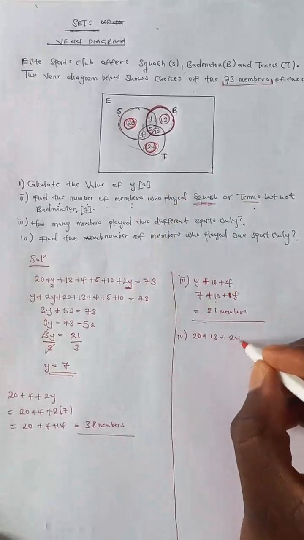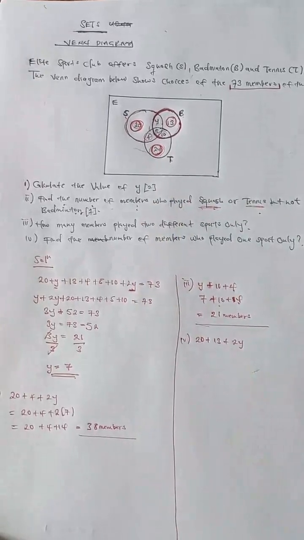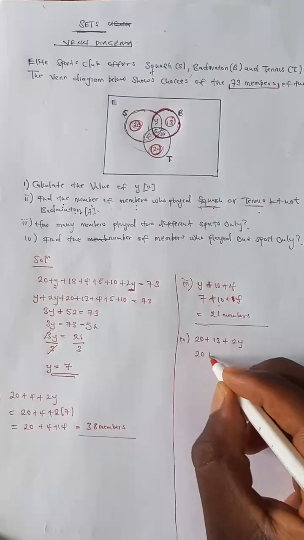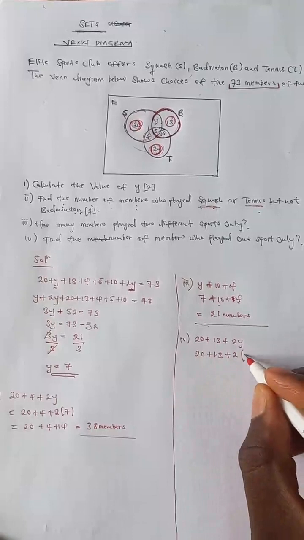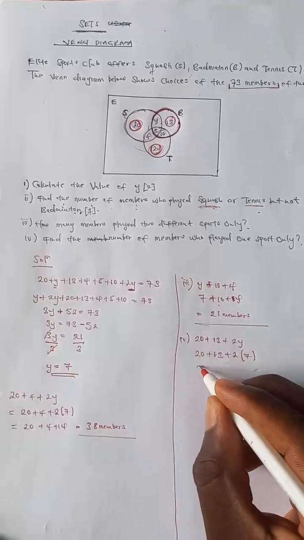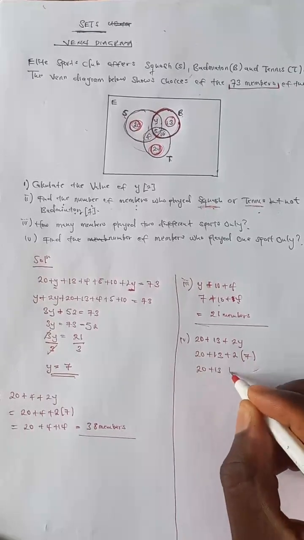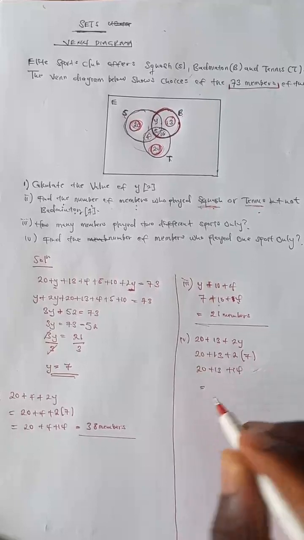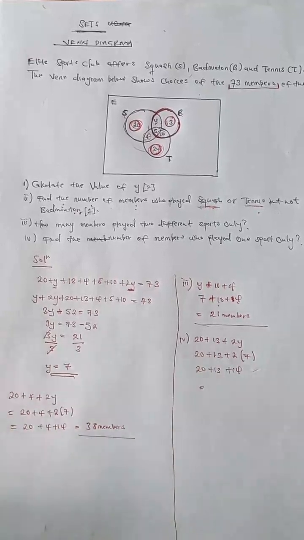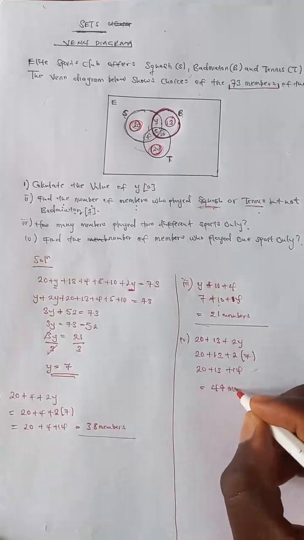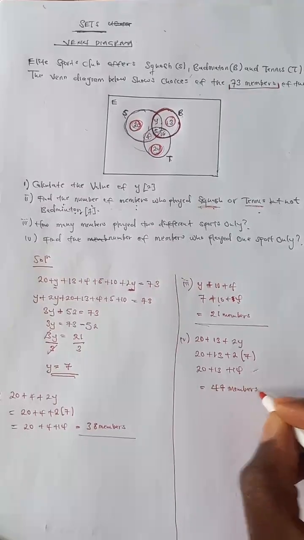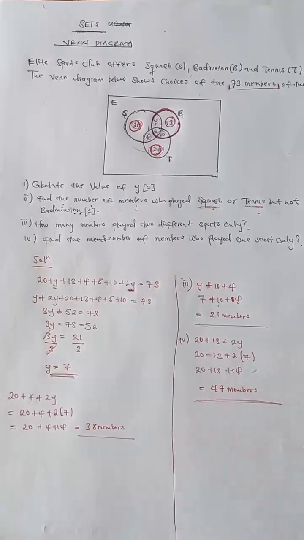Now by replacing, it's going to be 20 plus 13 plus 2 times 7, since y is replaced with 7. So I shall say 20 plus 13 plus 14. When I add 20 plus 13 plus 14, my answer is 47. So I shall say 47 members.